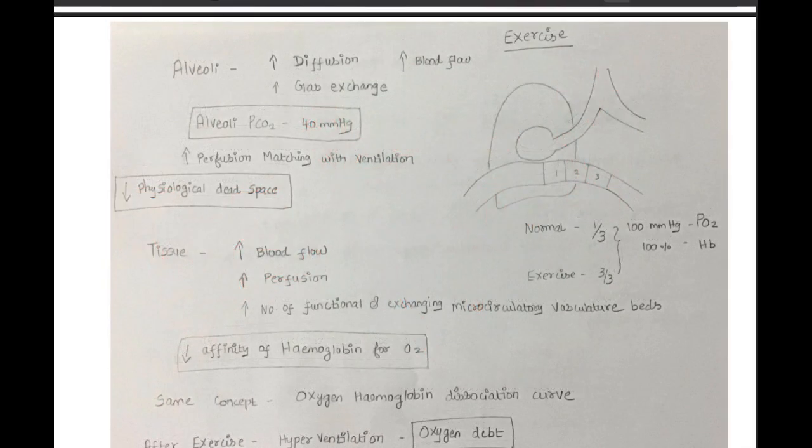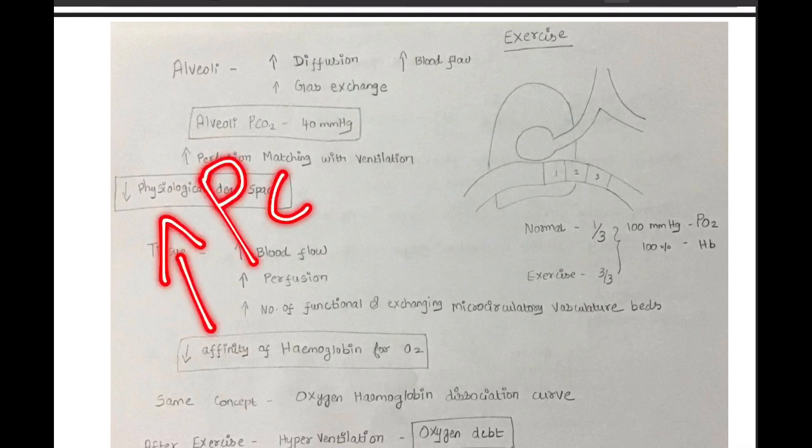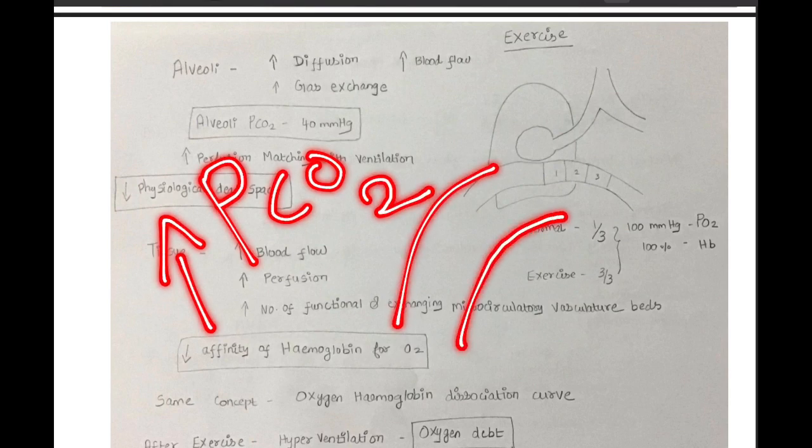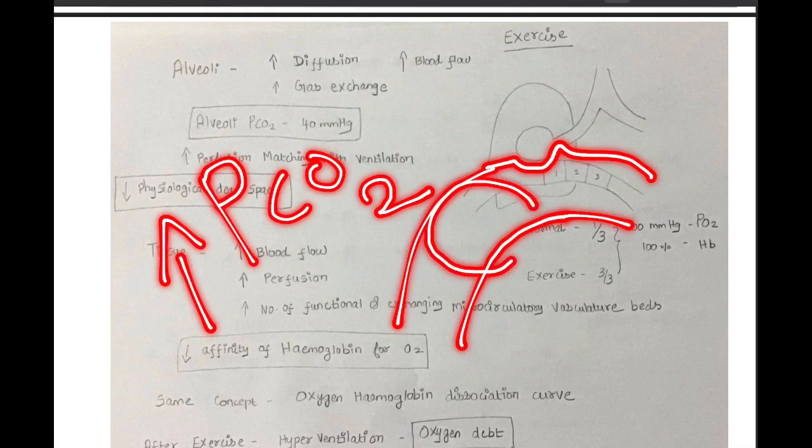So in severe exercise you will have a higher level of partial pressure of carbon dioxide in the venous blood. So when this venous blood goes to the alveoli in the pulmonary capillaries, there is increased partial pressure of carbon dioxide, and more carbon dioxide will move to the alveoli of the lungs.